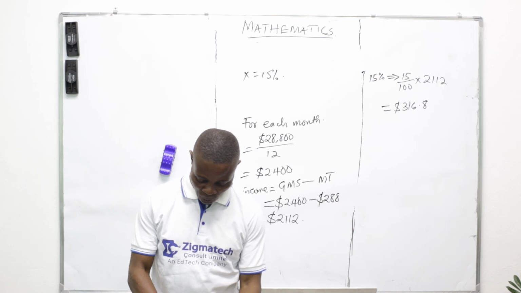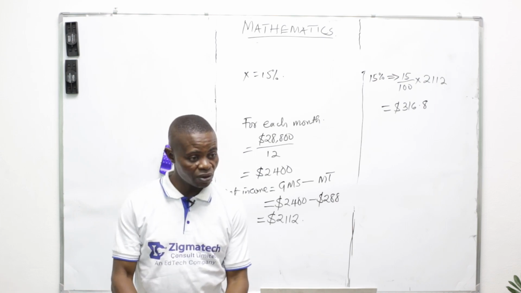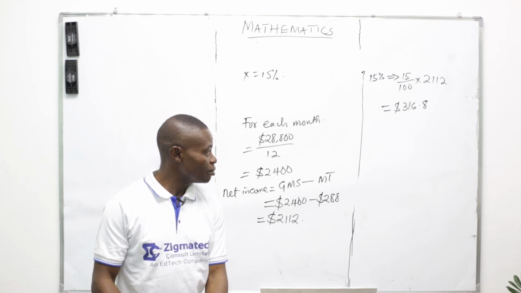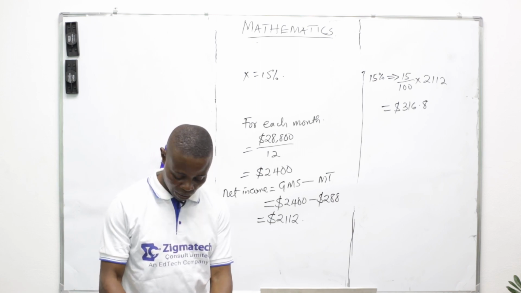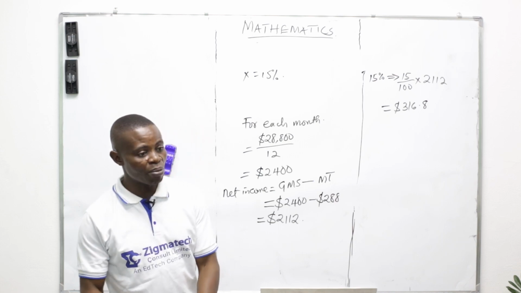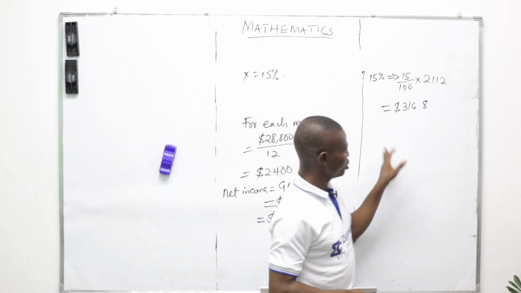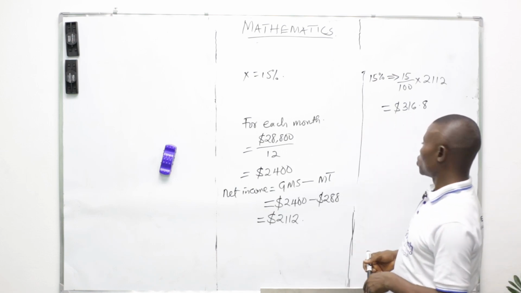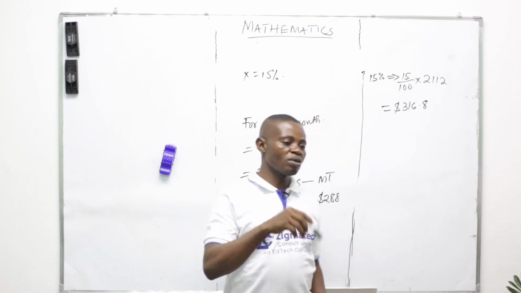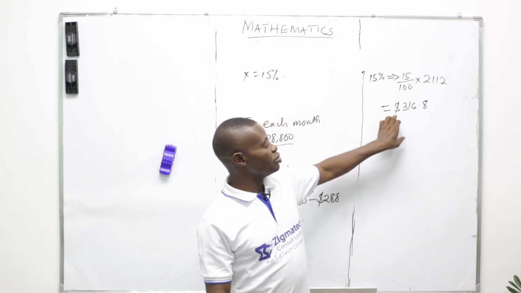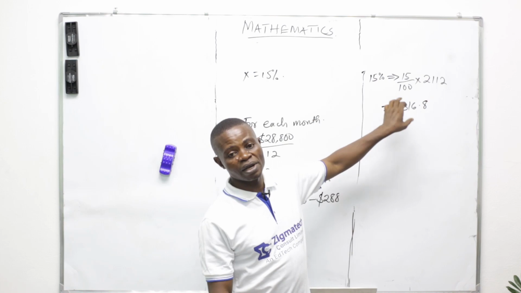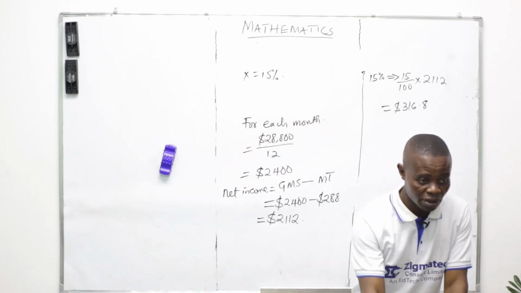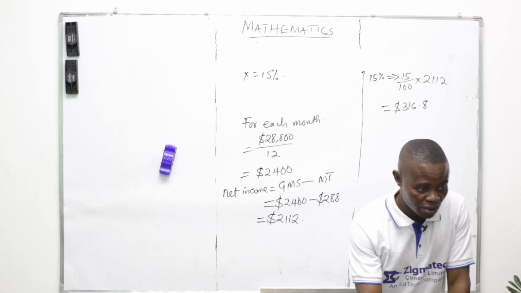So in each month, Mr. Okafor saved 316 naira 80 kobo. That is the amount Mr. Okafor is saving each month. If you want to know it for annual, that is the whole year, you just simply multiply by 12. But the question is not going that direction. It's in case you see such a question.